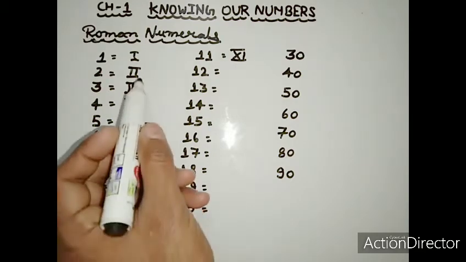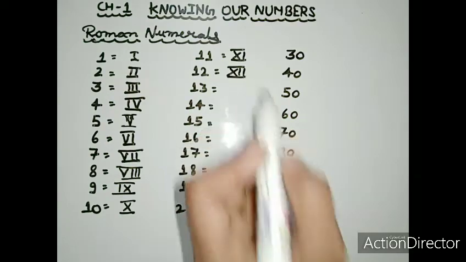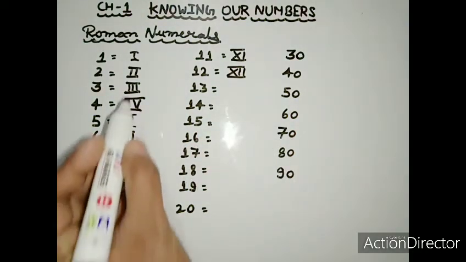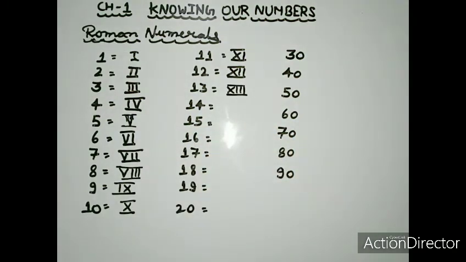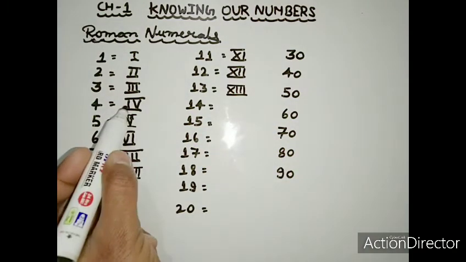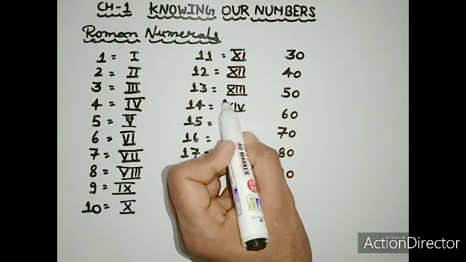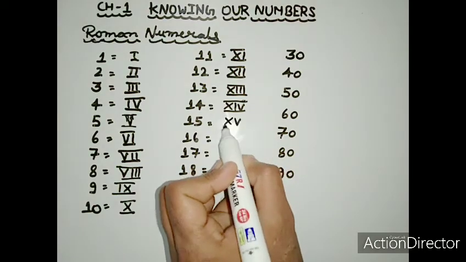So X plus 2, 12. Mean X plus double I, 2 times I here. Now X plus 3 times I, 13. Now X plus 4, IV, 14. X plus 4, 14. Now X plus 5, 15.